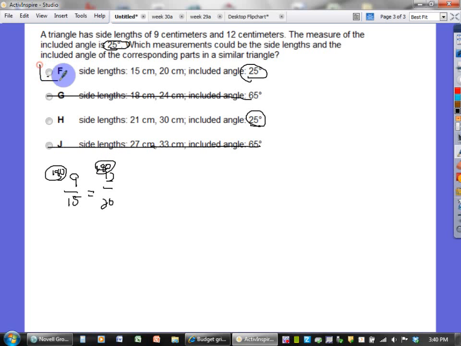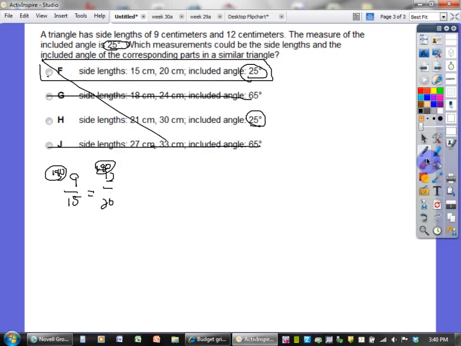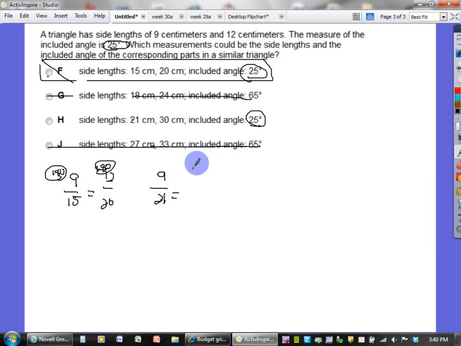Letter F. Now if we go ahead and check letter H, we would see that it would be 9 over 21, which would have to equal 12 over 30. And then 21 times 12 is 252, and this is 270, and we see that these two things do not equal. So it is choice F.